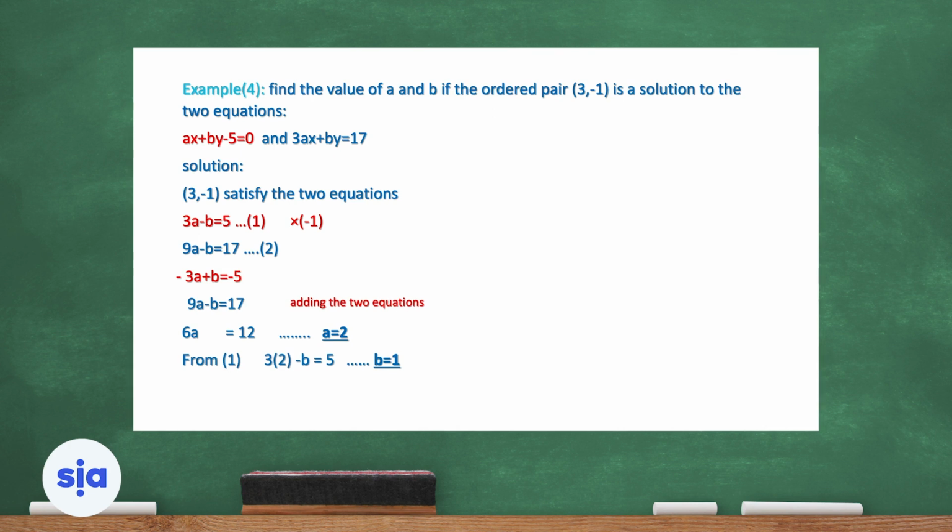So I prefer that we go to one of my equations, equation 1 or equation 2. So let's go to the first equation and substitute b by 1 and find the value of a. So 3a minus 1 equals 5. 3a equals 6. Then the value of a is 2. Now we succeeded to find the values of a and b as required in the question.